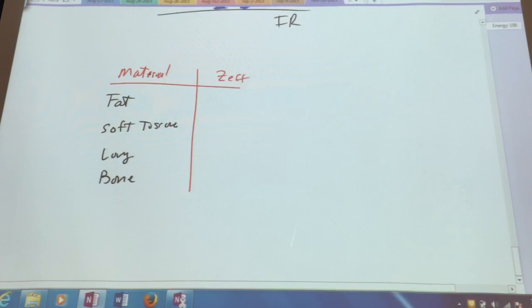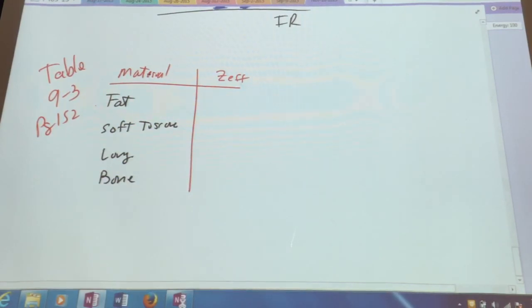This is table 9.3, page 152. Okay, let's start off with fat. The periodic table doesn't contain fat.